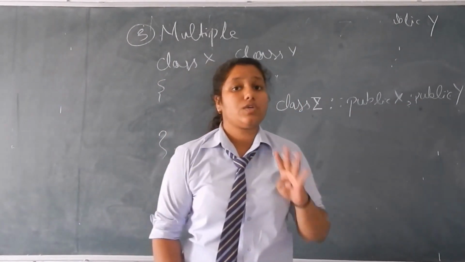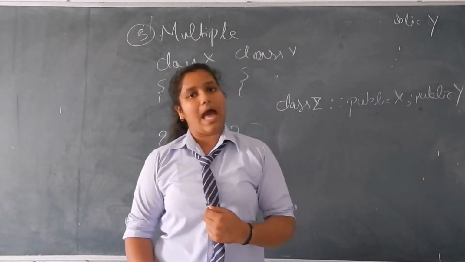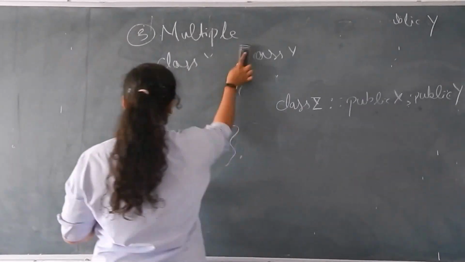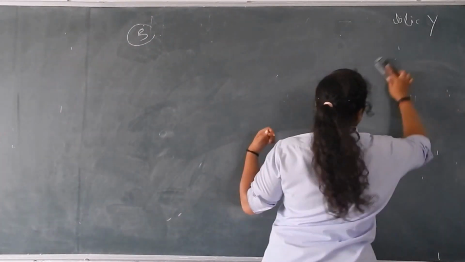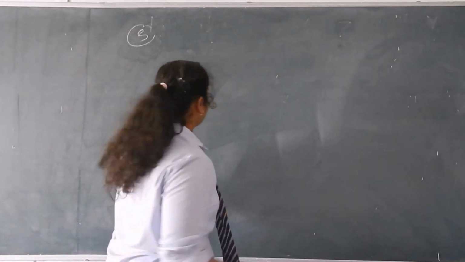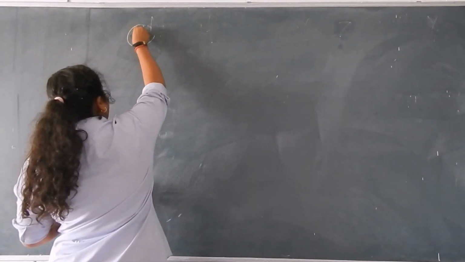Now moving on to the fourth type of inheritance, that is hierarchical.